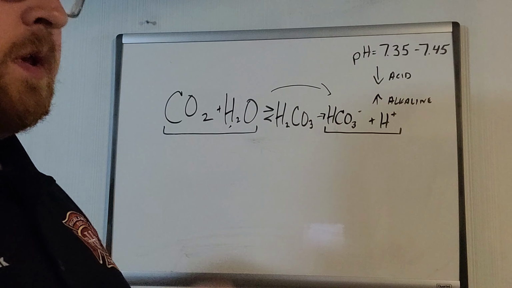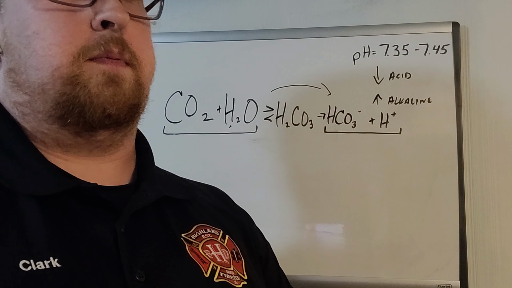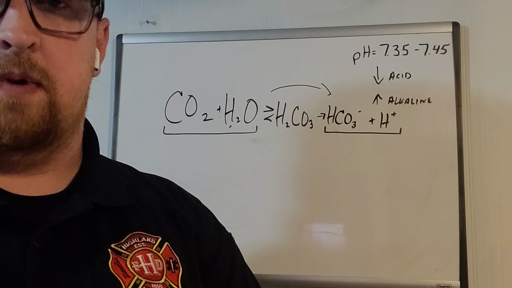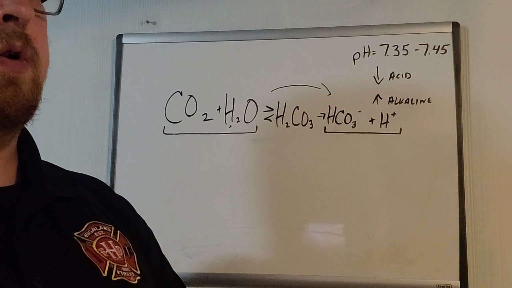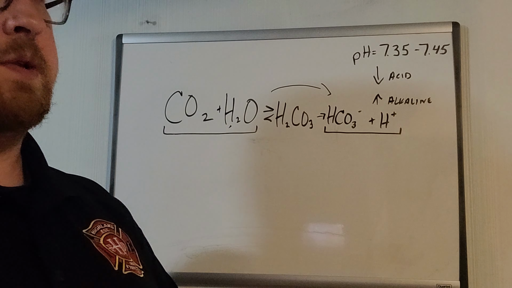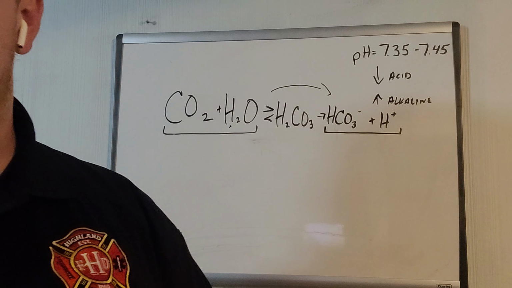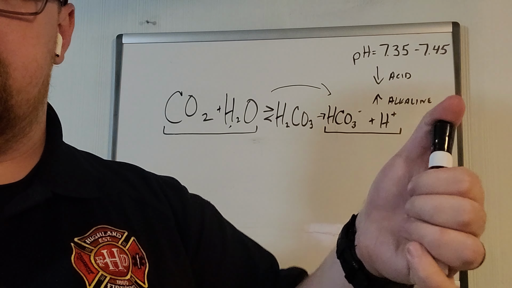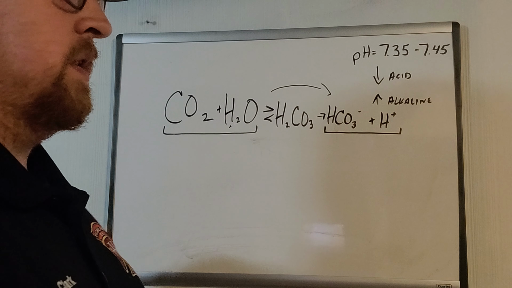So with bicarb, the best reference to deal with this is it's like Tums for your bloodstream. The more or less Tums that you have in your bloodstream to soak up that acid, the more or less acidic or alkalotic your blood is going to be.